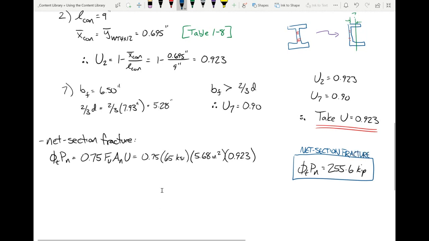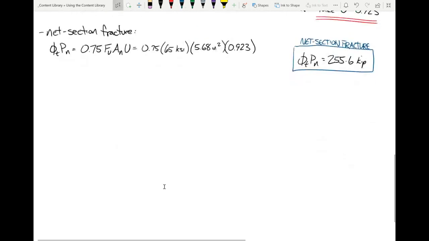Okay. I've got a couple things I want to do to close out this problem, but we've got a little more work to do. Let's look at our capacities.